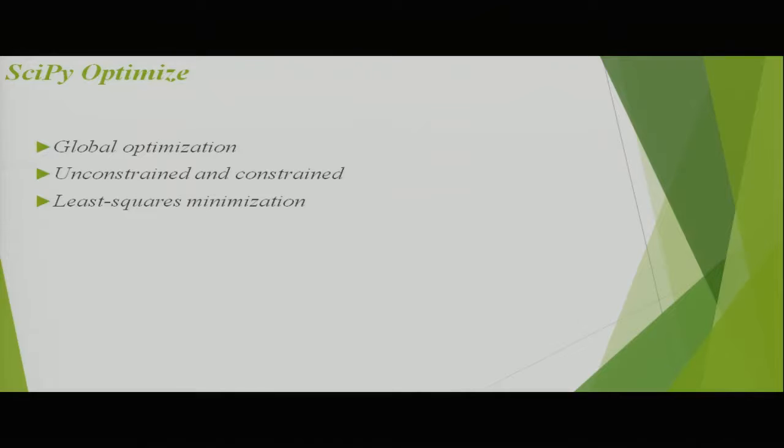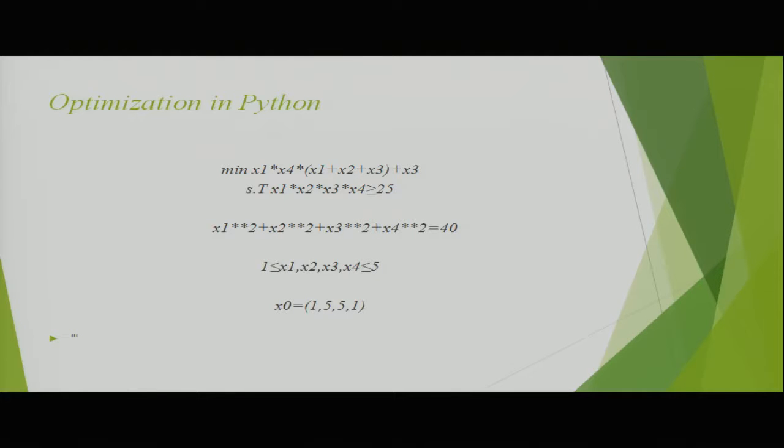So now let's get into a little bit of programming. Let's take a look at this particular function, and then let's see how SciPy can be used to minimize it. So what is the objective?